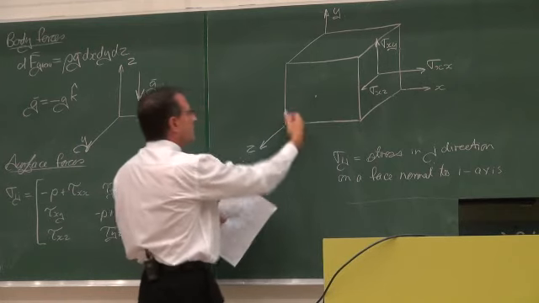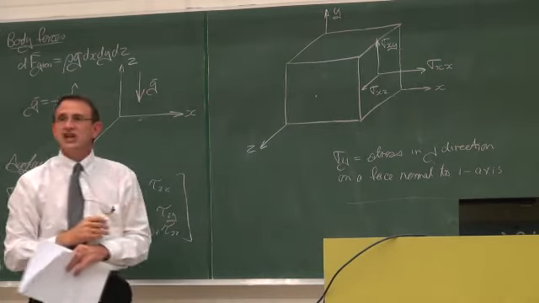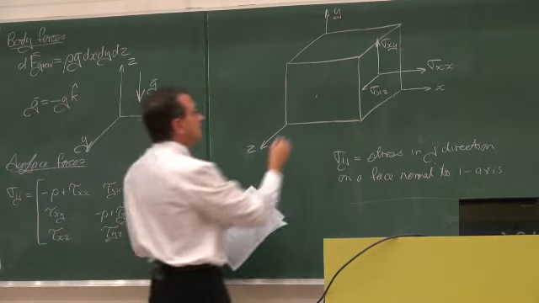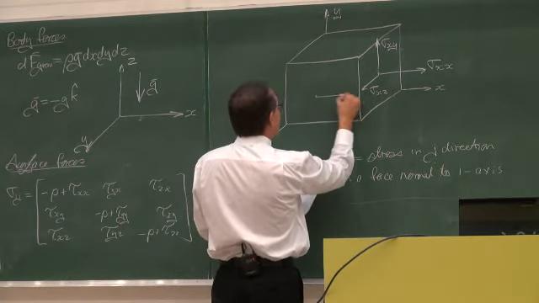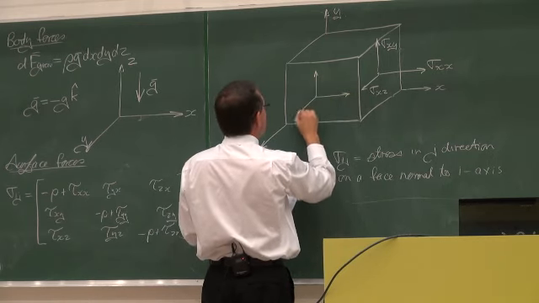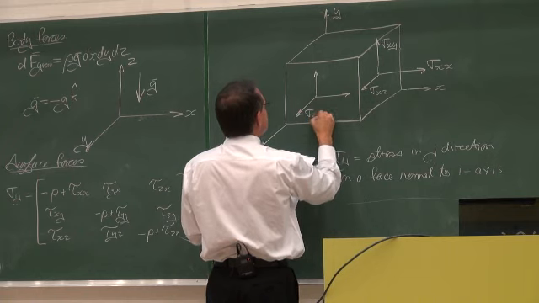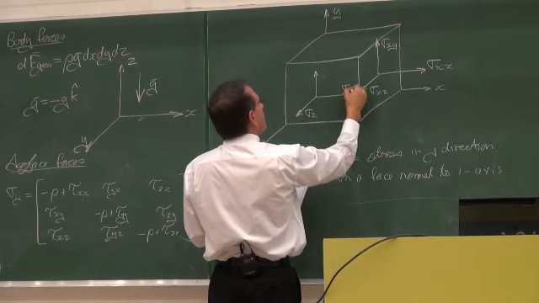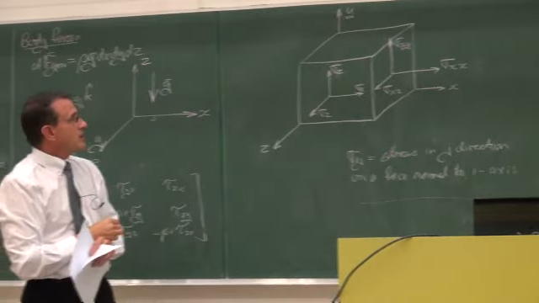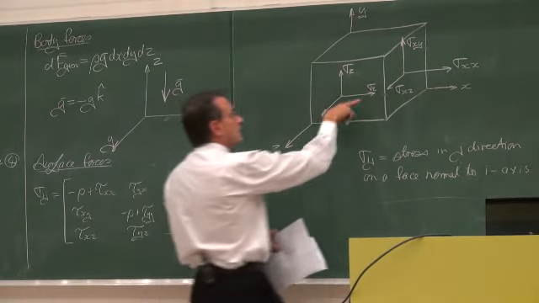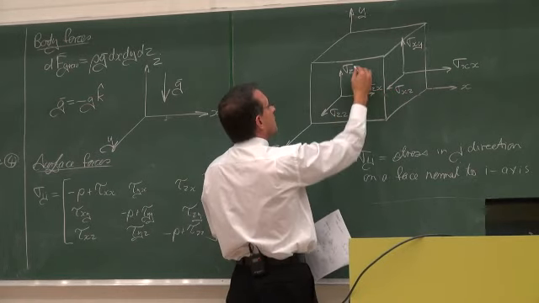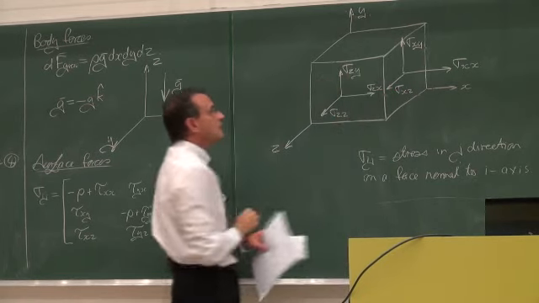This face is normal to which axis? The z-axis. Okay. So the stresses would look like this. Sigma z, the first one gives us the face, and the second one gives us the direction. That is in the x direction, that one is in the z direction, and that one is in the y direction.